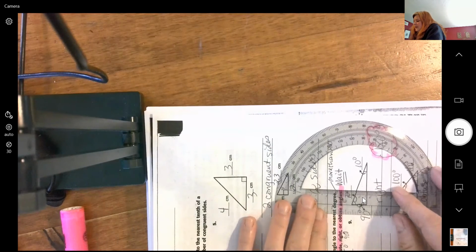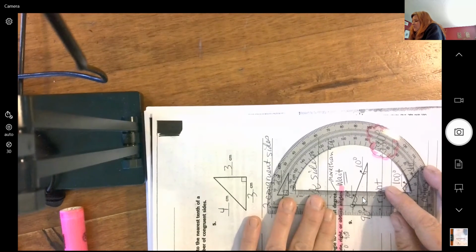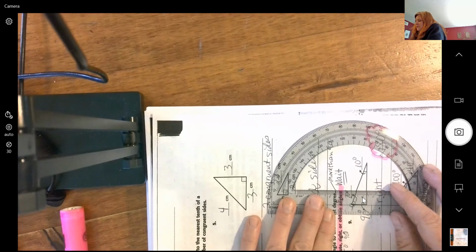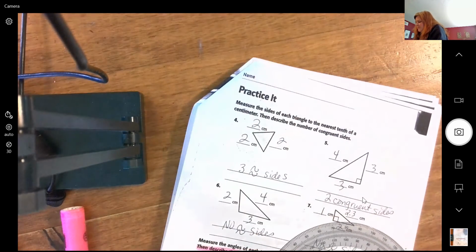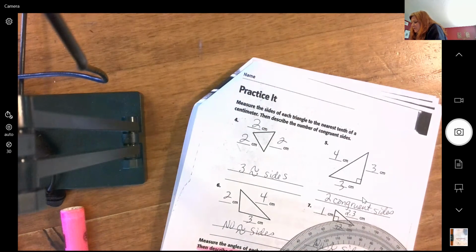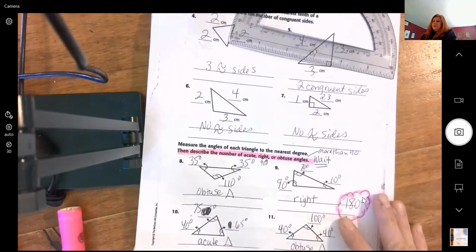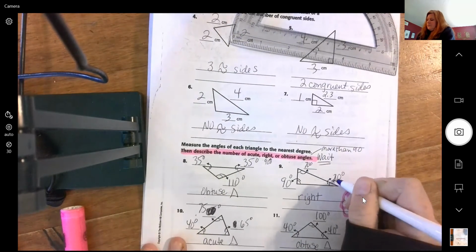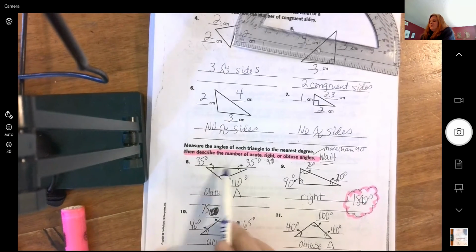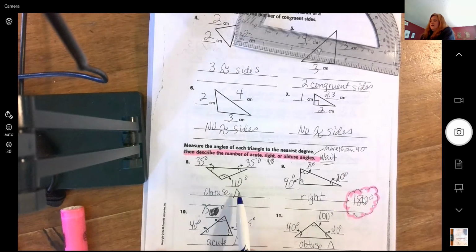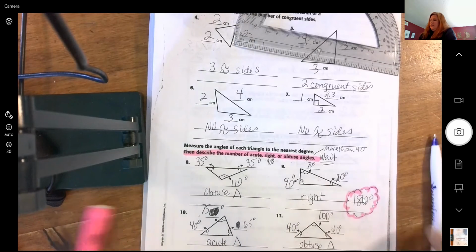We're going to look at this one. Nope, it says 70. Let's check this one. Oh, there we go. This one is 20 degrees. All right, I'm going to check this one. 30 and 30 is 60, plus 5 and 5 is 70, plus 10 is 80, plus 100 is 180.